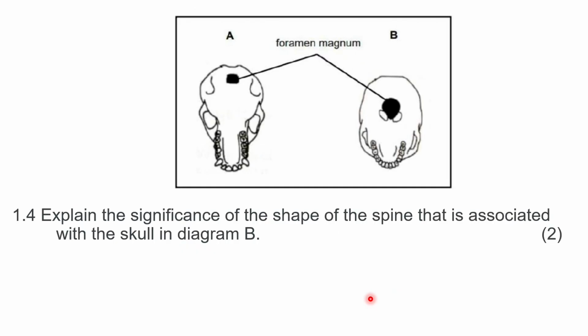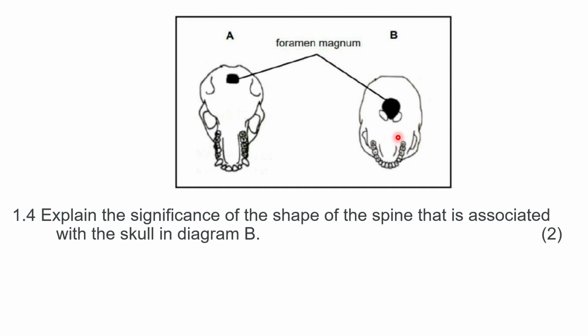Now they say, explain the significance of the shape of the spine that is associated with the skull in diagram B. So what about this skull's vertebra? How will the shape be? Now once again, remember, the foramen is more in a forward position. So this organism is bipedal.